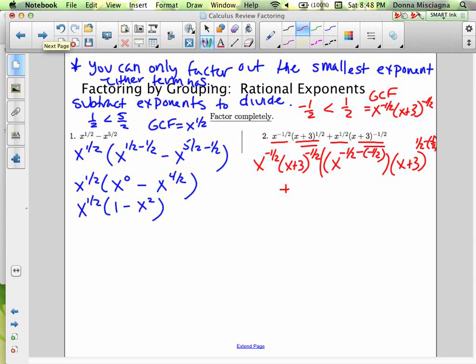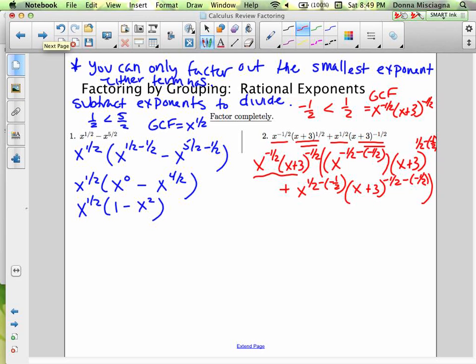Make sure I have parentheses here, right? Because this is being pulled out of both of them. All right, so plus x to the 1 half minus negative 1 half times, I got that one, we got the second one, x plus 3 to the negative 1 half minus negative 1 half. And then close our, oops, 2 parentheses there. Close that parentheses and close the whole thing.